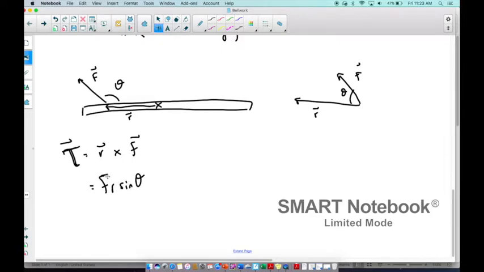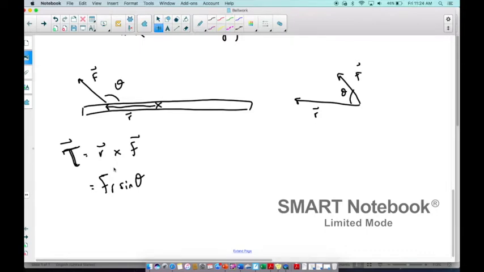Let's think about the direction now. Take the fingers of my right hand. This time they're going to point left. And I have got to figure out how I can pivot my palm to curl my fingers up and around, wrapping up and around to the right, because that's the direction my force is going.